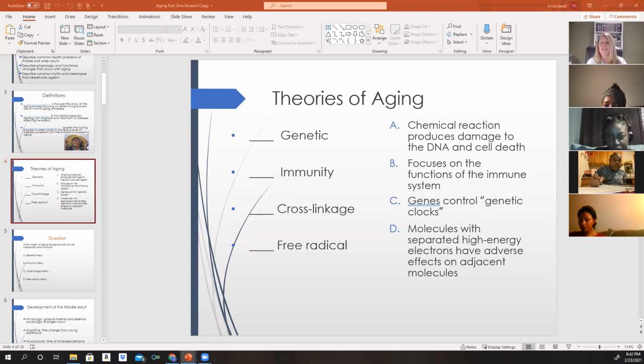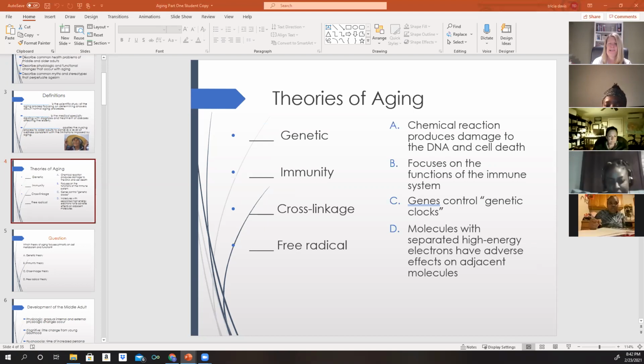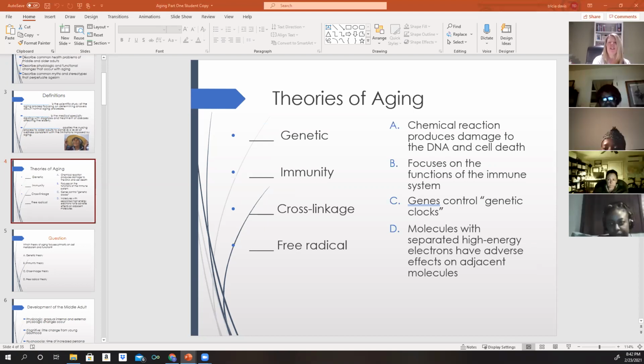C is genes control the genetic clocks. D is molecules with separated high energy electrons that have adverse effects on adjacent molecules. C, yep, so genetics. Just think gene and gene. The genetic theory of aging believes that genes control everything and that there's a genetic clock.